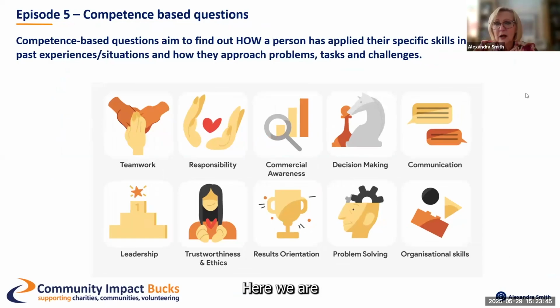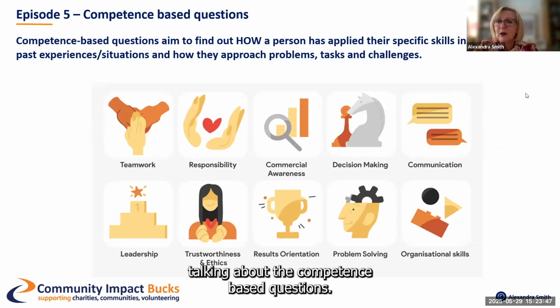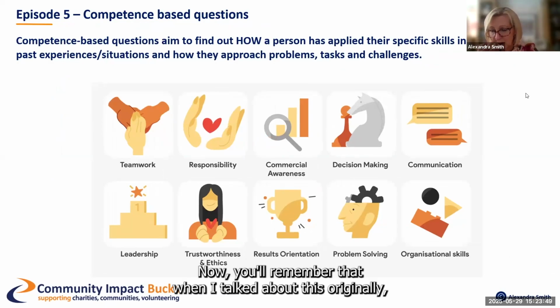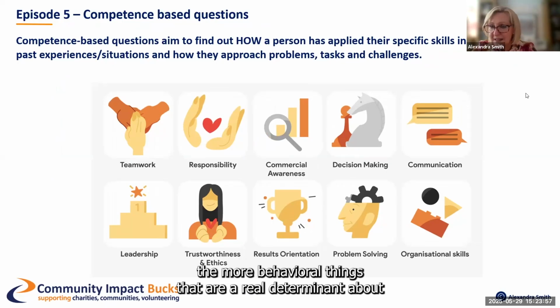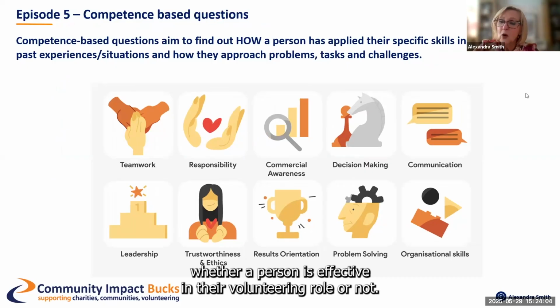So here we are talking about the competence-based questions. Now you'll remember that when I talked about this originally, I talked about the competencies being the soft skills, the more behavioral things that are a real determinant of whether a person is effective in their volunteering role or not.